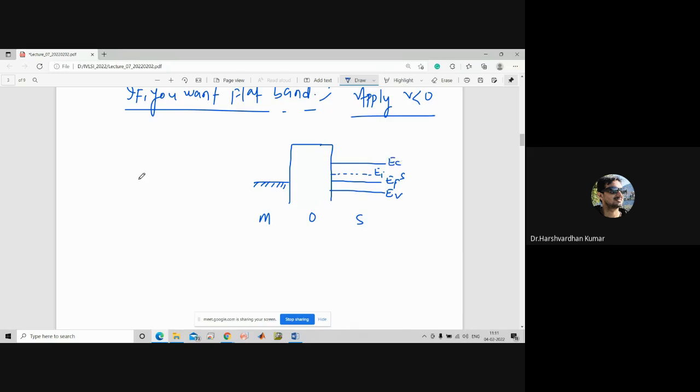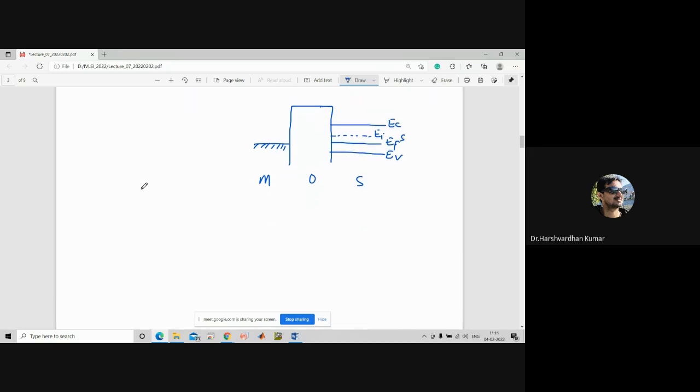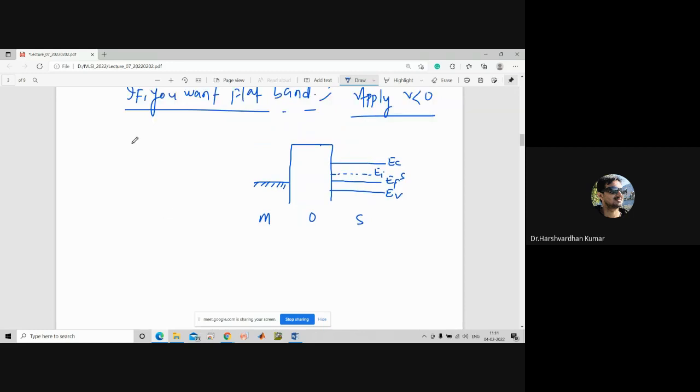Now, what are the CV characteristics? Can anyone remember? The CV characteristics were like that. On the x-axis we are varying the voltage, so this is the voltage, let us say this is plus voltage, this is minus voltage, and on the y-axis, capacitance.